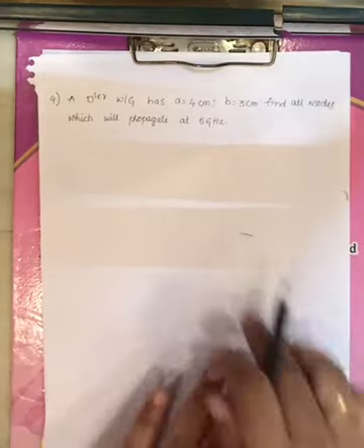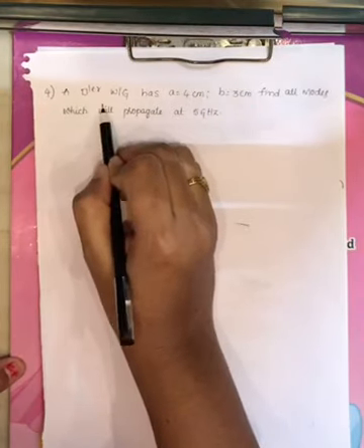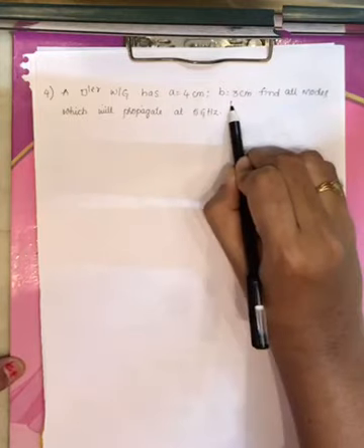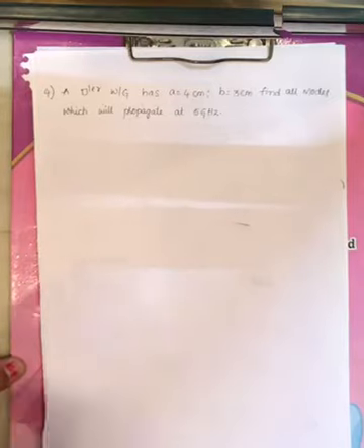Now coming to the next problem, the last problem, right? Now a rectangular waveguide has A equals to 4 centimeters and B equals to 3 centimeters. Find all modes which will propagate at frequency 5 gigahertz, right? Now we have to find all modes, right? All modes indicates all different TE modes and TM modes, both TE modes and TM modes.